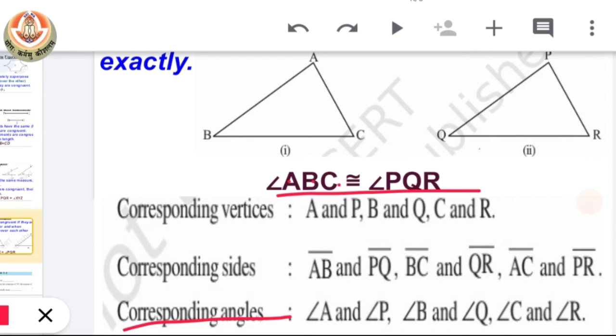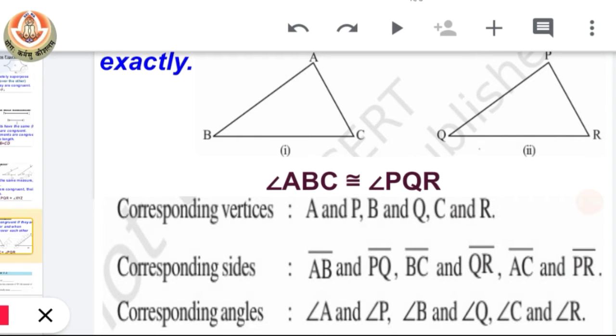The third pair of angles is C and R, which we write as angle BCA corresponds to angle QRP. How we represent them is a very important thing.